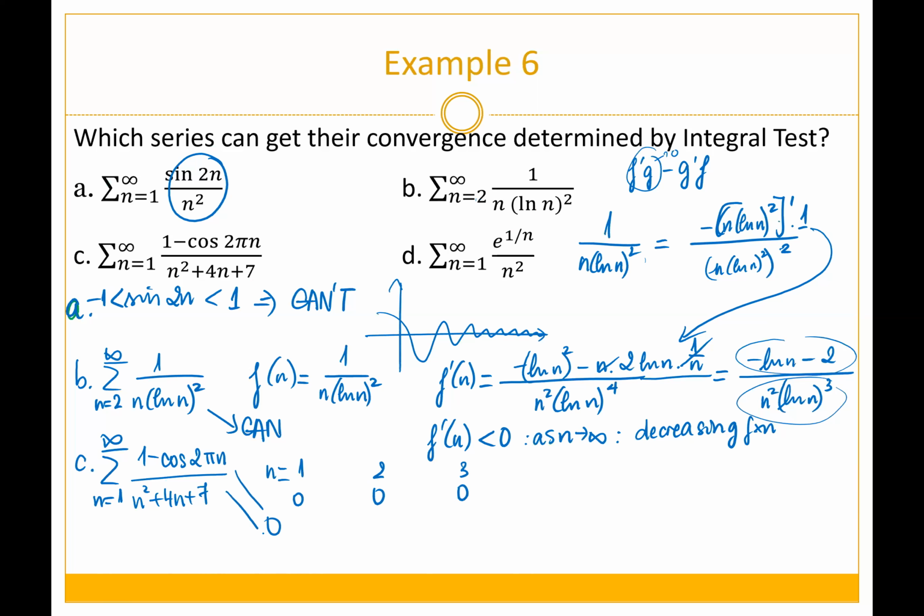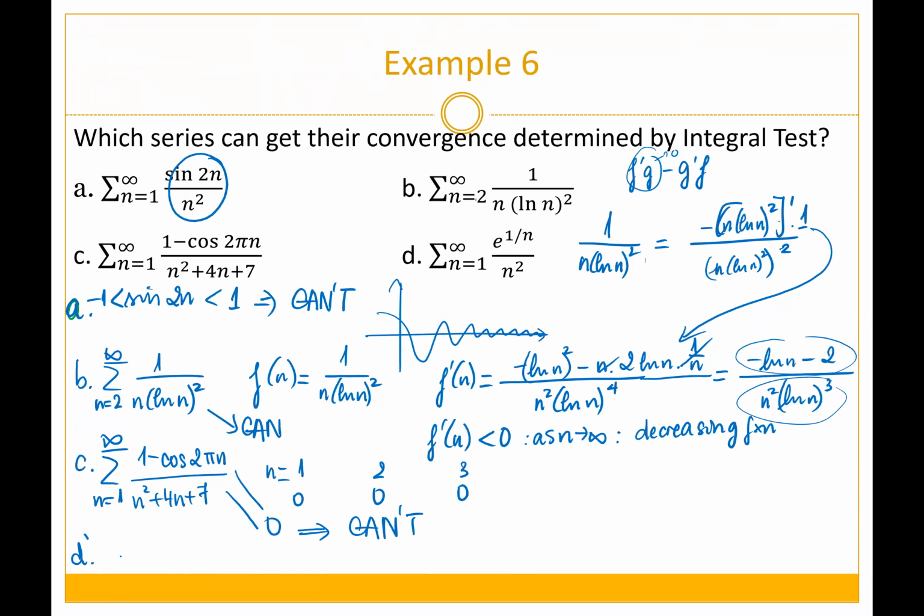It's not even positive, honestly. So the hint here is that you don't even need to use the integral test. You can say that this one is convergent. But the key point is that you cannot use the integral test for this because it's not positive at all. Every term in this series is equal to 0. So it doesn't satisfy the conditions.